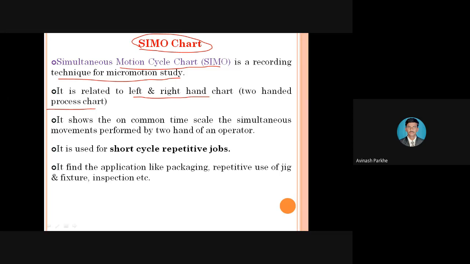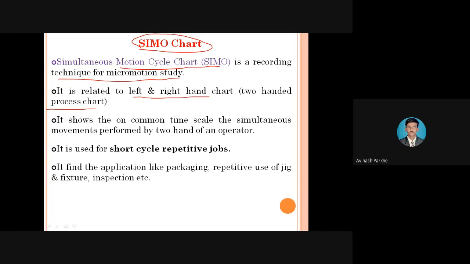Whenever we start with the first recording techniques, that is charts, one of the types is the two-handed process chart. What does that two-handed process chart indicate? It indicates that simultaneously, if your left hand is working, your right hand is working, and the movements of the left hand and the right hand are recorded by using two different charts.